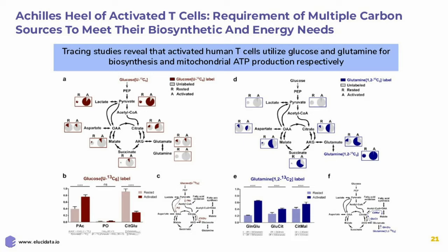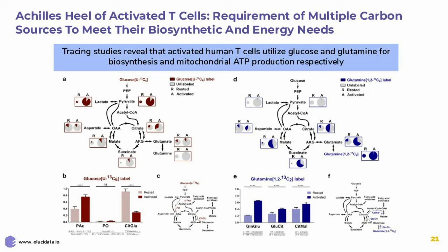The second thing was that as we stepped down to central carbon metabolism, we found that through the successive steps of the TCA cycle, the glucose label was diluted. This could mean one of two things: that the glucose label was being transported out of the citrate cycle, or that there were other carbon sources feeding into the TCA cycle, diluting out the glucose label.